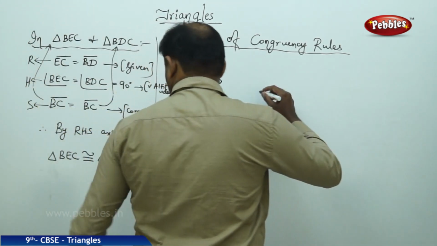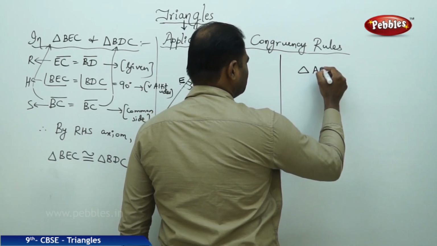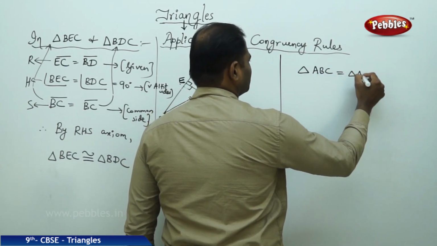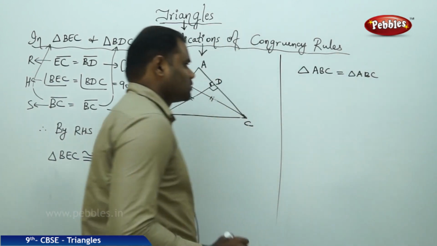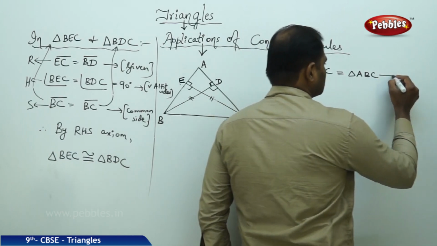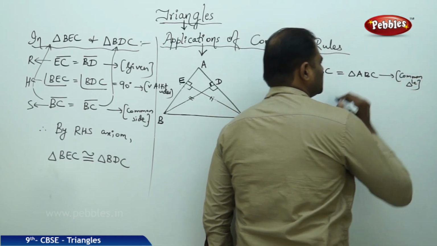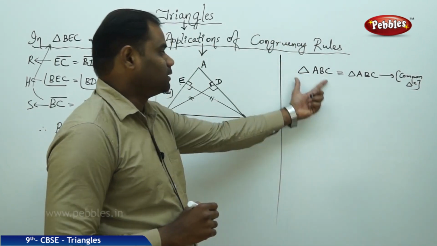Imagine I continue here that area of triangle ABC is equal to triangle ABC because the two triangles are the common triangles. So this being the common triangle, they are equal to each other.